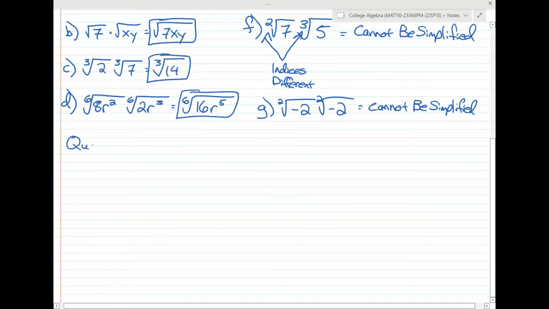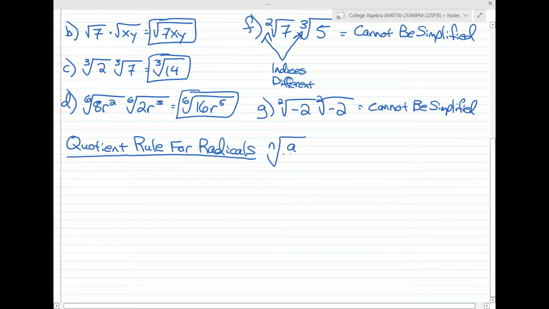The next property is called the quotient rule for radicals. And the quotient rule says that if you're taking a radical of a fraction, this just means you're taking that radical for the numerator and that radical for the denominator.